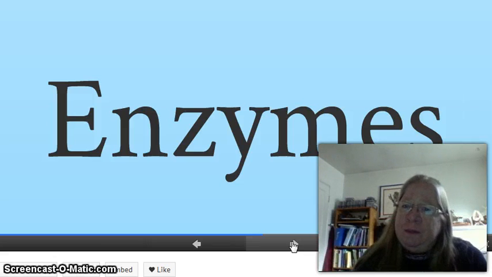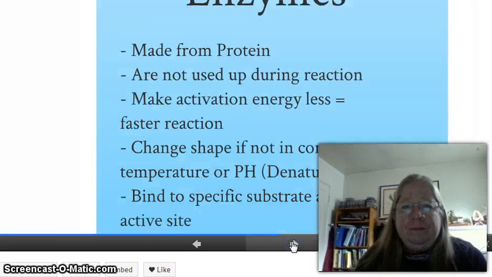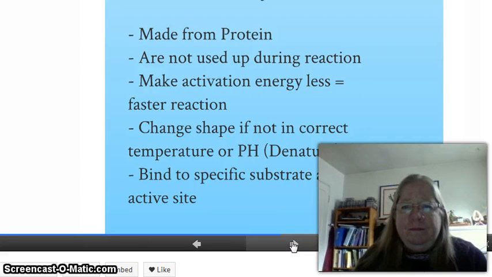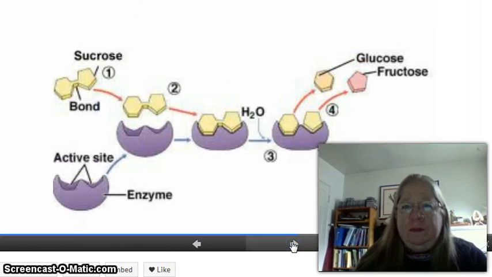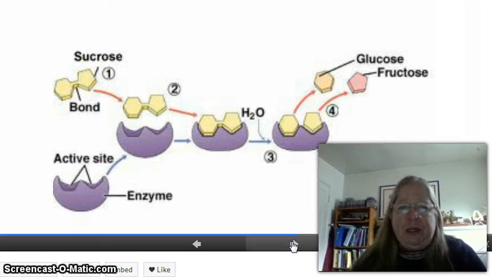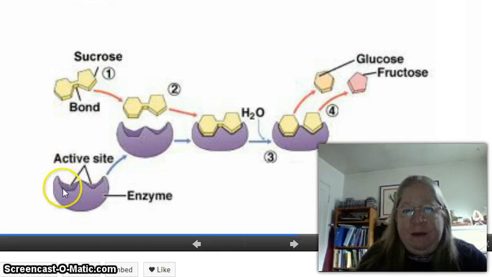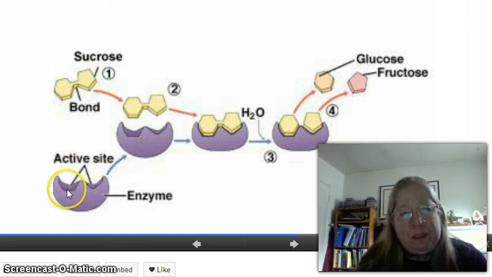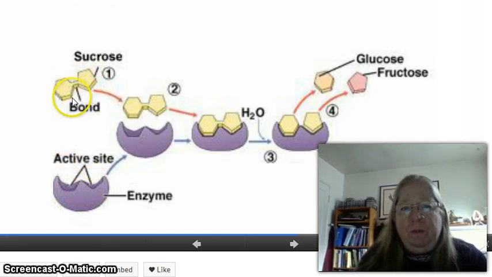What do you know about enzymes? What do you recall? Some important information. And this is an illustration showing you the active site of an enzyme is very specific to the molecule that it is going to react with.